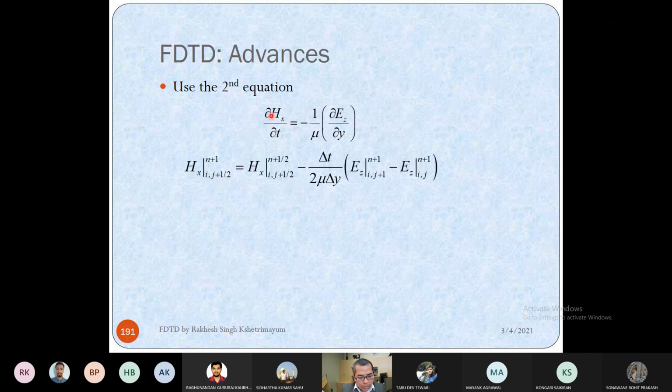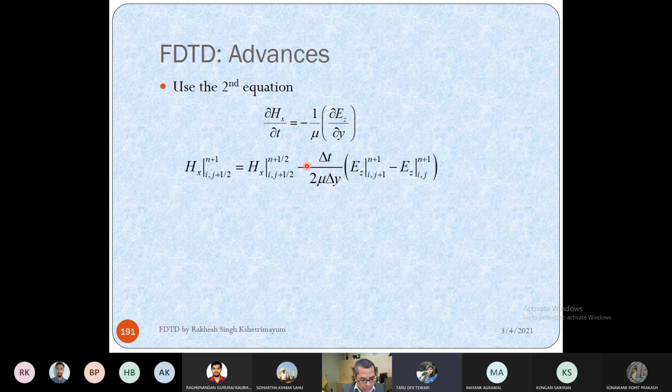Partial derivative with respect to time, so n plus 1 to n plus half divided by delta t by 2, because we are considering only half integer times. So you take delta t by 2 to the right hand side, so delta t by 2 divided by mu delta y. Delta y is partial derivative with respect to y. Ez is calculated at integer space step, so Ez i comma j plus 1 minus Ez i comma j divided by delta y partial derivative.